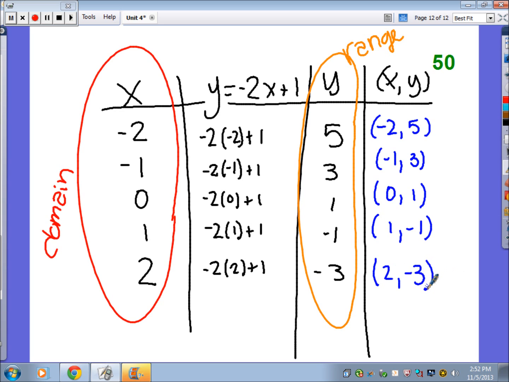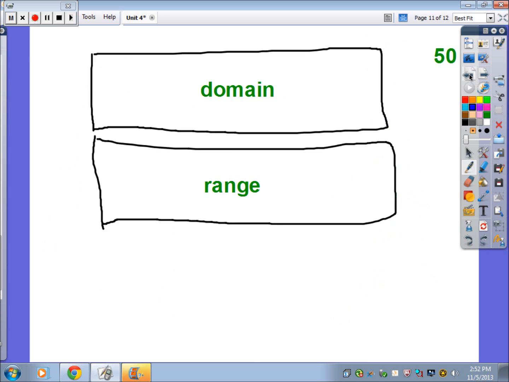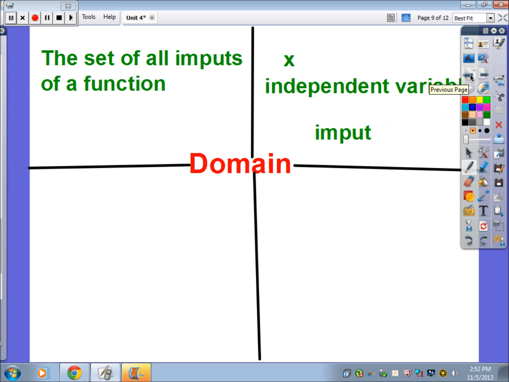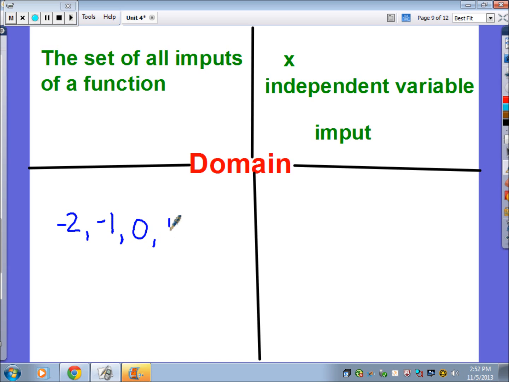So we're going to use these when we go back and put in our examples. The example of our domain is negative 2, negative 1, 0, 1, and 2. What is the non-example? Well, the non-example will be range. And what was our range? 5, 3, 1, negative 1, negative 3.